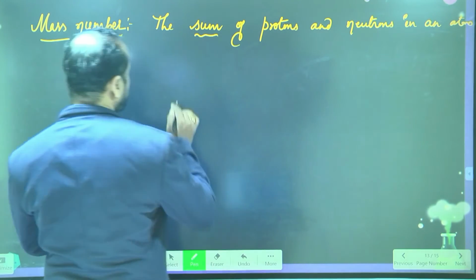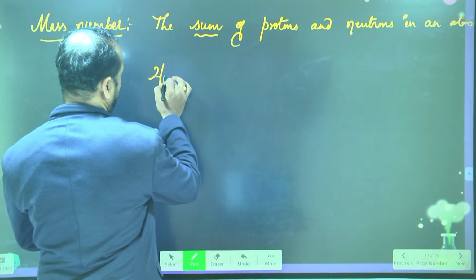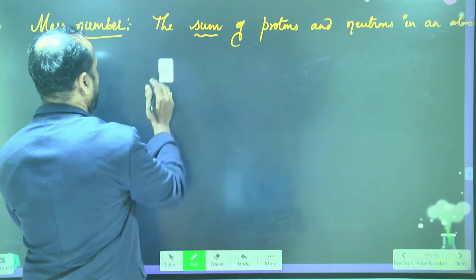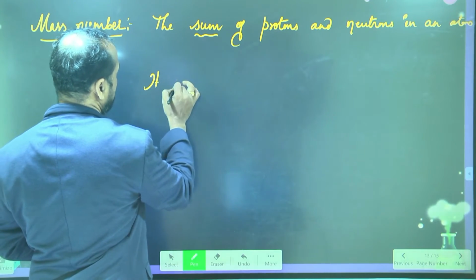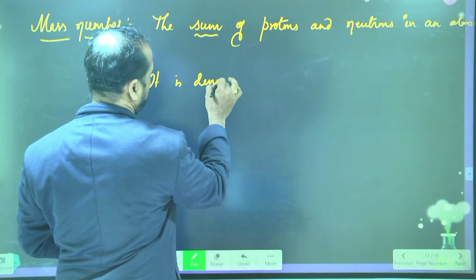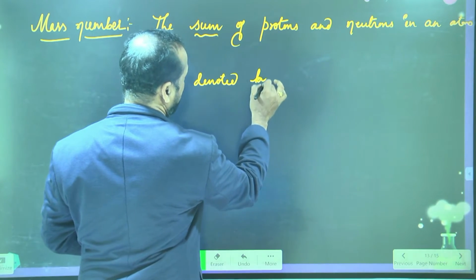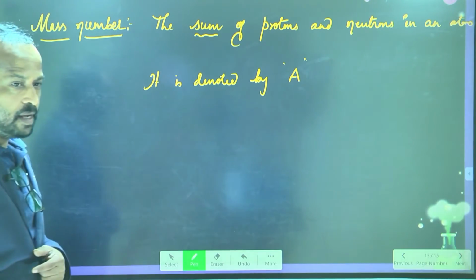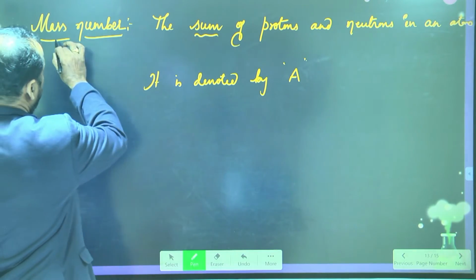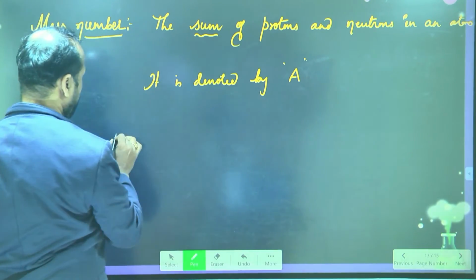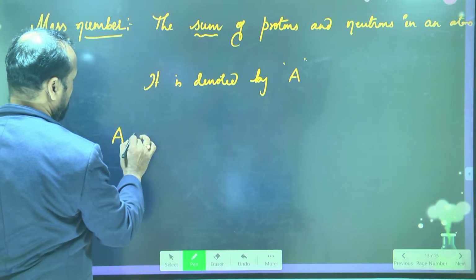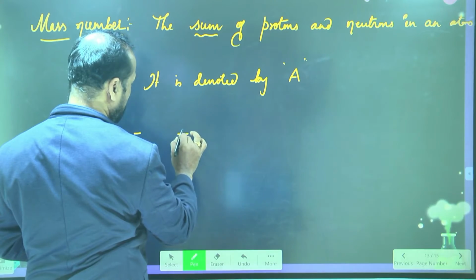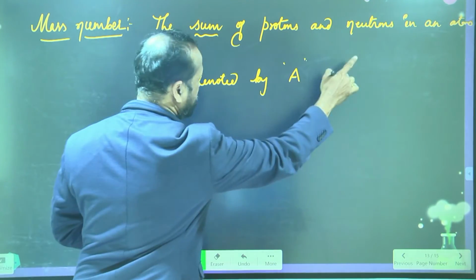And the mass number is denoted by A. So I am writing: mass number A is equal to the sum, meaning addition, of the protons and neutrons.